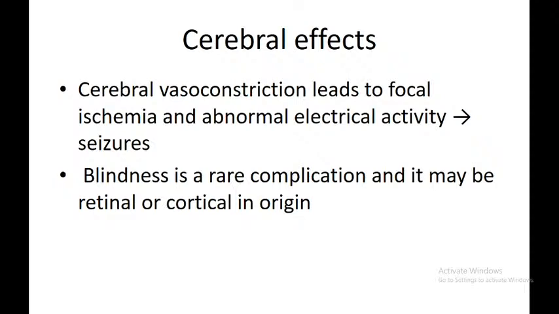This abnormal electrical activity manifests in the form of seizures, and also blindness is a rare complication that we see, and it may be either retinal, because of retinal detachment, or it could be because of cortical blindness. So these are the cerebral effects that we see because of the cerebral vasoconstriction leading to focal ischemia and abnormal electrical activity, which is seen in the form of convulsions or seizures or eclampsia.